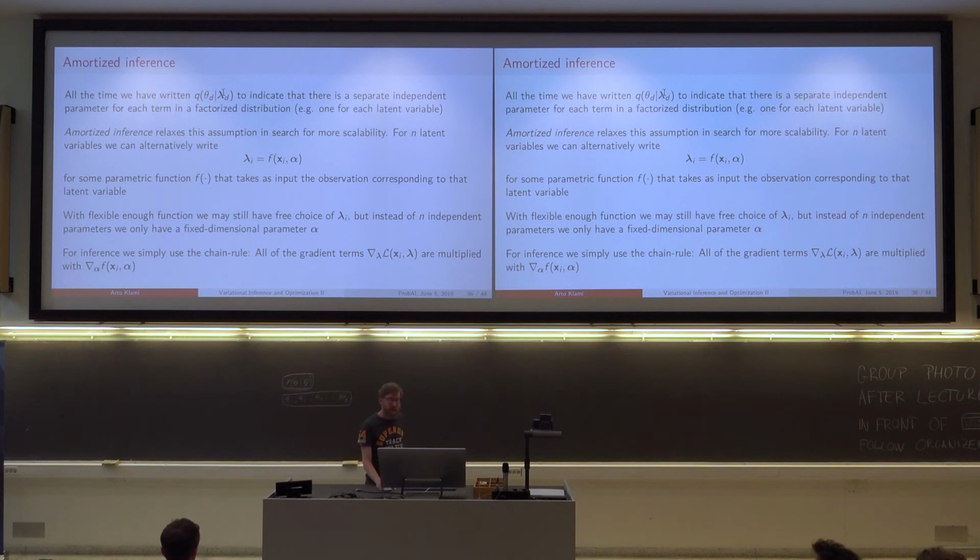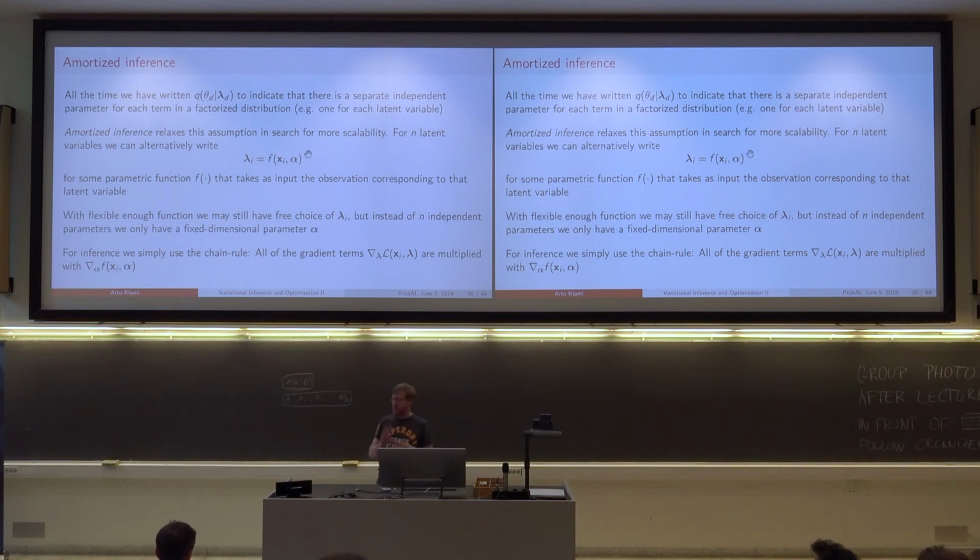What you can do instead is something called amortized inference, where you don't give independent parameters for every possible latent variable, but instead you say that you have some function that maps the input itself to the parameters of that approximation, and of course this function has some parameters.